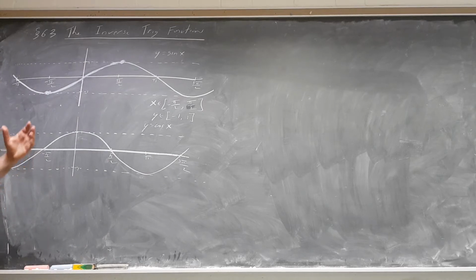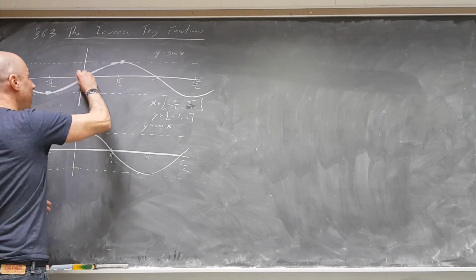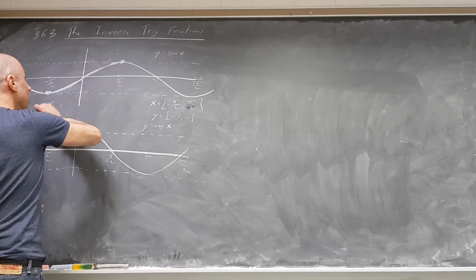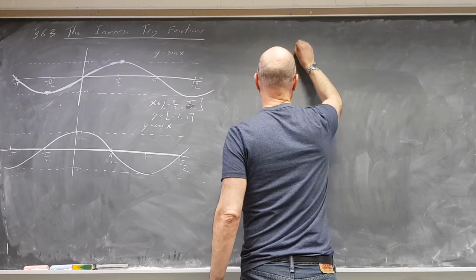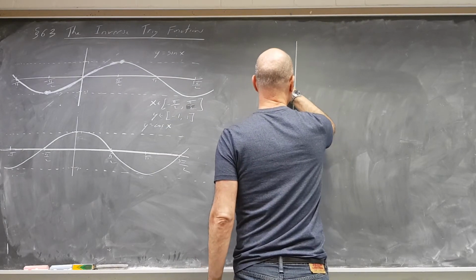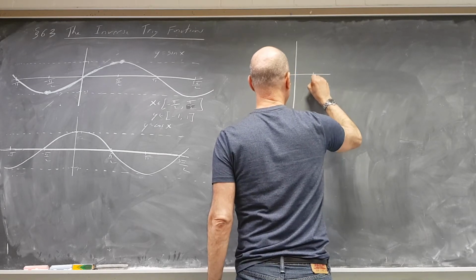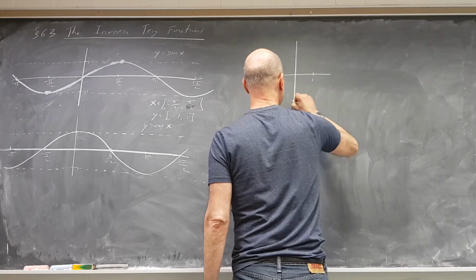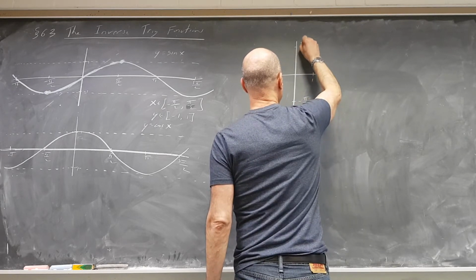To take an inverse function, we take the curve of the original and reflect it over the line y equals x. I don't know if you can see what you get if you reflect that over the line y equals x, but you end up with something that looks very much like this. It goes between x equals negative 1 and x equals 1, and it goes between y equals negative pi over 2 and y equals pi over 2.